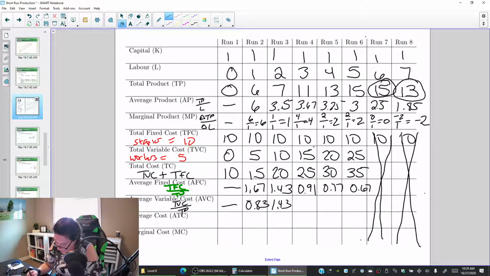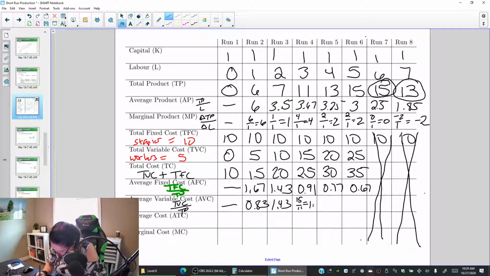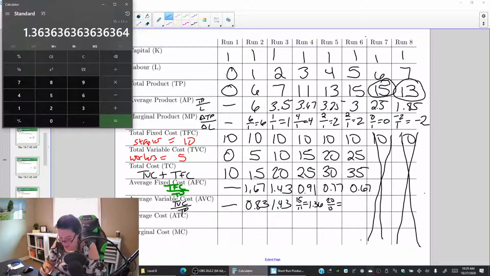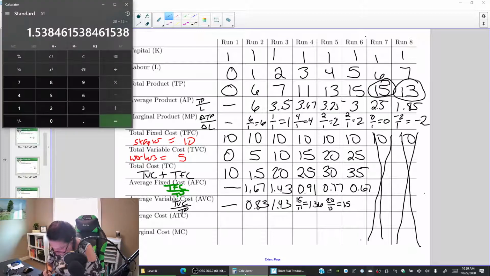The total variable cost is 15, so 15 divided by 11 is 1.36. Then we have our total variable cost of 20. And we're producing 13 units. So 20 divided by 13, 1.53. Wait, 1.54.